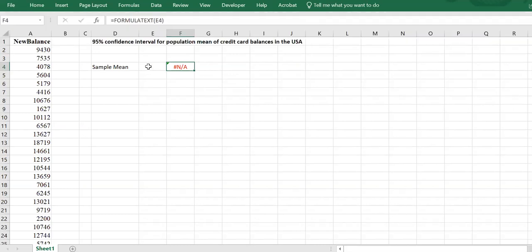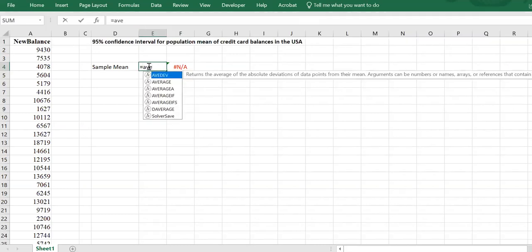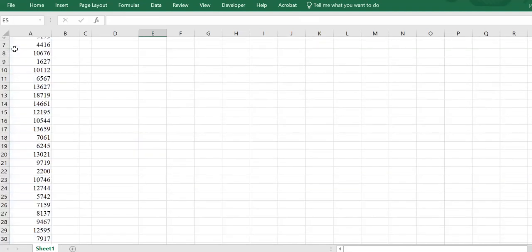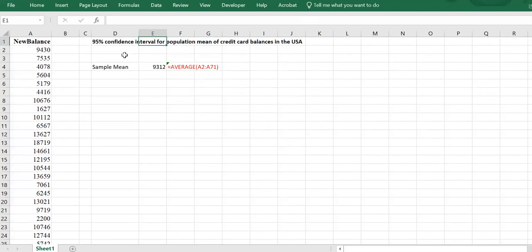All right, sample mean. We already know the average of the credit card balances in our sample, that would give us the sample mean.